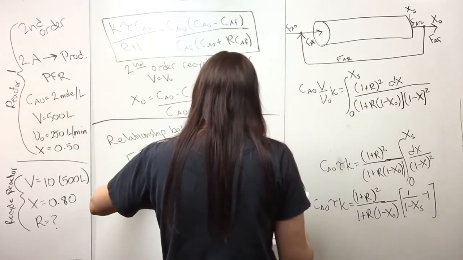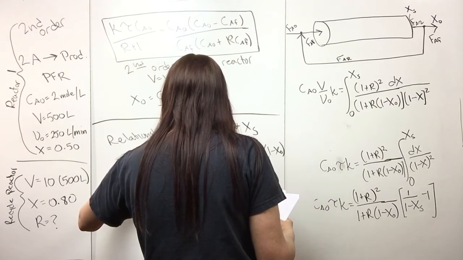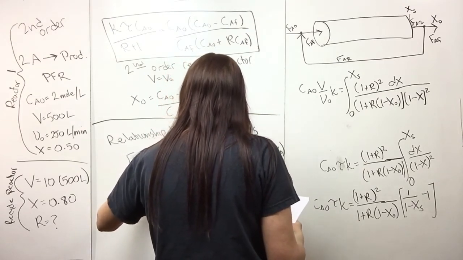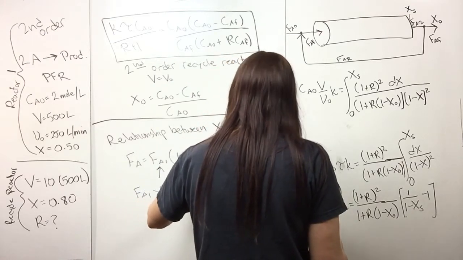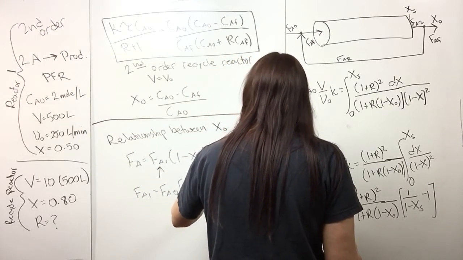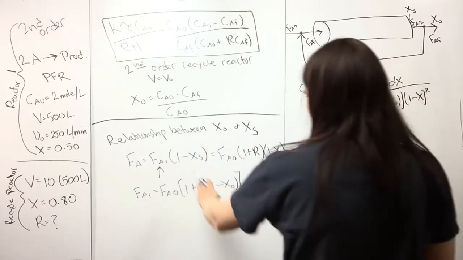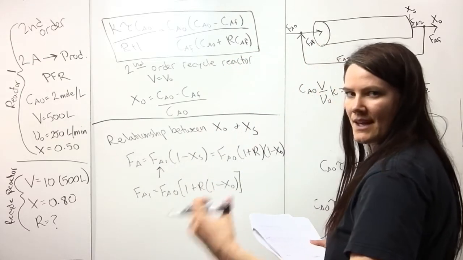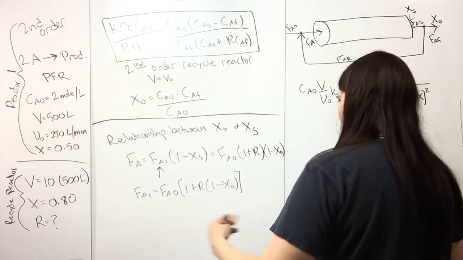And then we know that FA1 is equal to FA naught (1 plus R)(1 minus X naught). So then we can get an equation with XS as something with XS is equal to something with X naught.